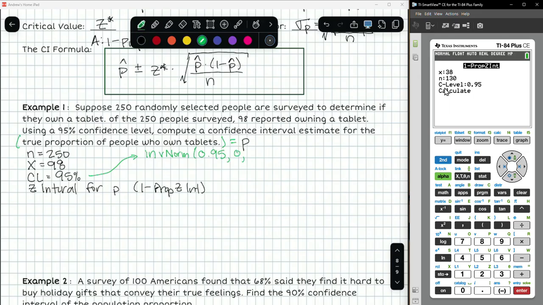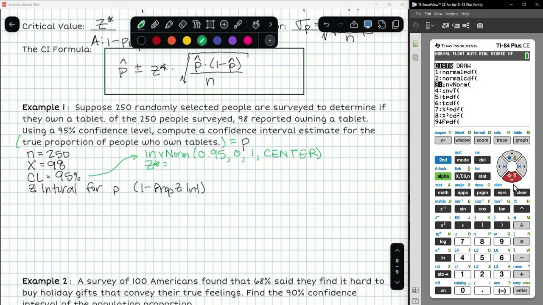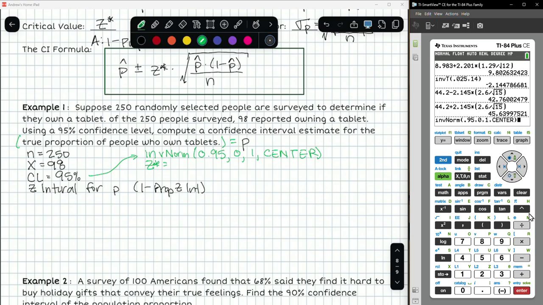It's going to ask me for the mean, the standard deviation, and then the tail. And I want it in the center. So it's going to give me my z star. We're going to go ahead and run that together. So second vars, inverse norm, 0.95, area in center, and we get 1.96.